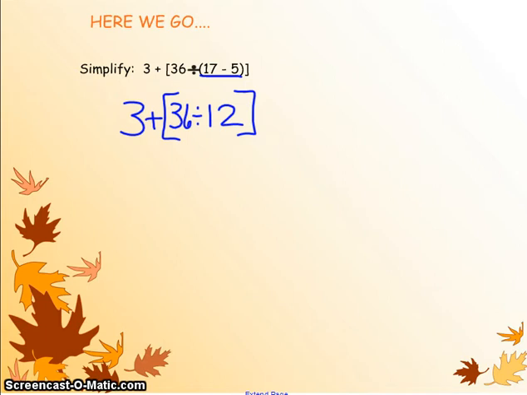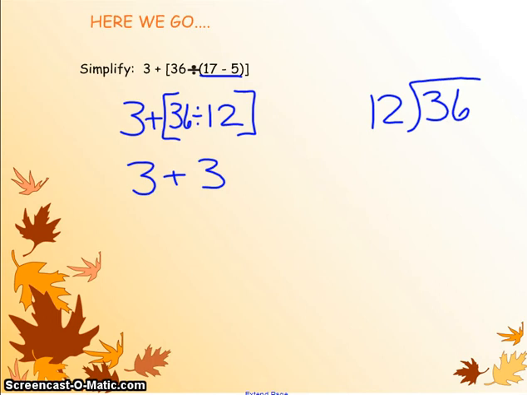You can either write it out in long division form, which looks like that. Otherwise, you may already be able to decide, well, I know 12 times 3 is 36, so I'm just going to replace that with a 3. Either way. Now we're left with a simple addition problem, definitely no calculators needed here, and we get our final answer of 6.